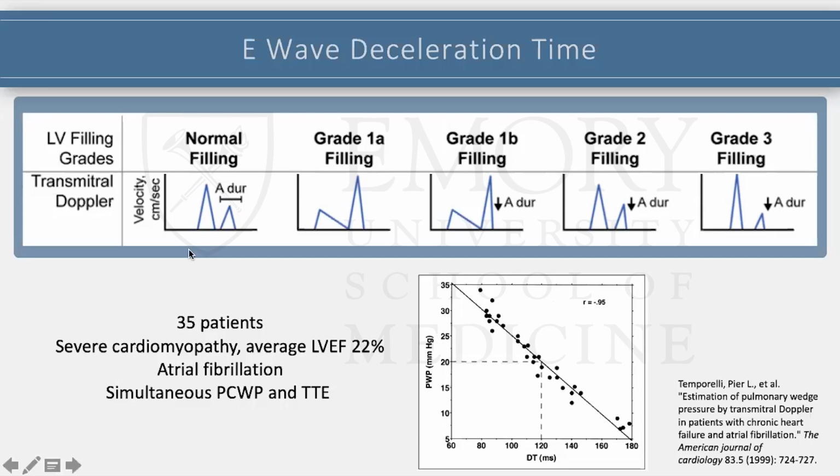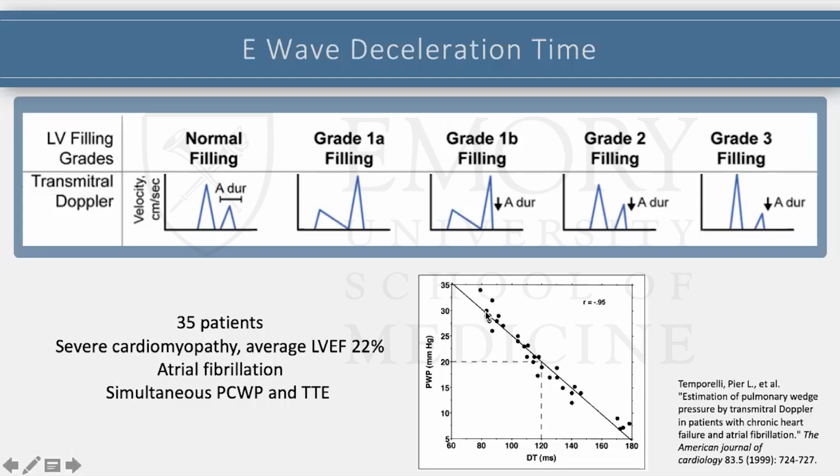And so, as we talked about at the beginning, your E-wave deceleration time can be reflective of filling pressures. In early impairment, it lengthens and then it'll shorten as we get to more increased filling pressures. So in grade 2 and 3, we have a shorter and shorter E-wave deceleration time, which can be reflective of increased filling pressures.